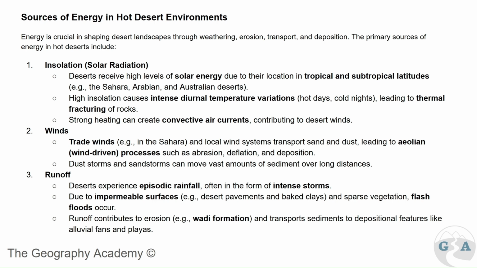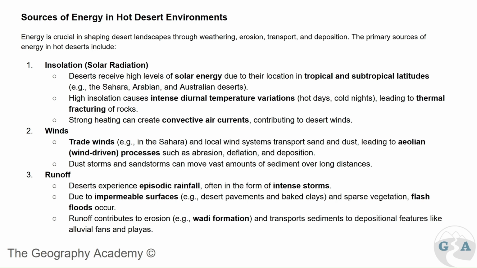With the wind, we see the trade winds are in operation here. This goes back to our Hadley cell diagram in the first unit, if you want to go back and take a look at that. This is sending air from an area of high pressure to an area of low pressure. So air is going from the desert back towards the lower latitudes, down towards 0 degrees or the ITCZ.